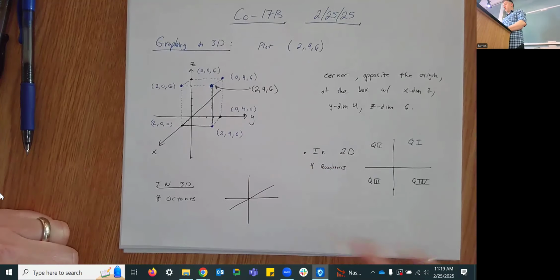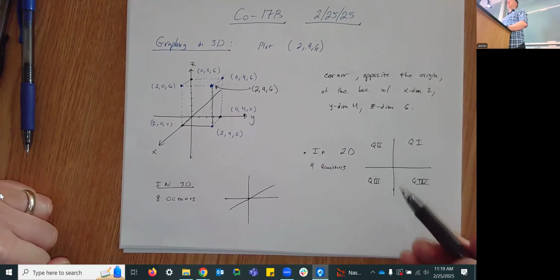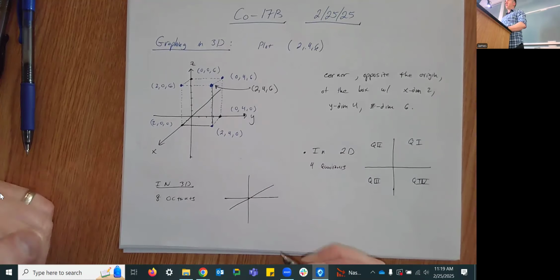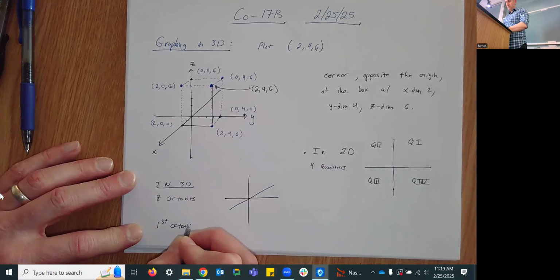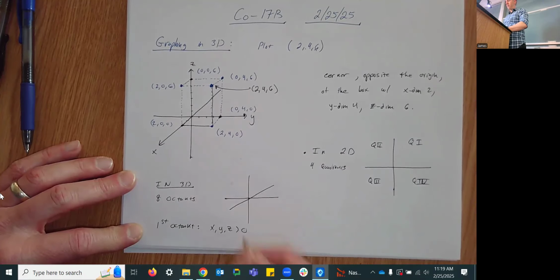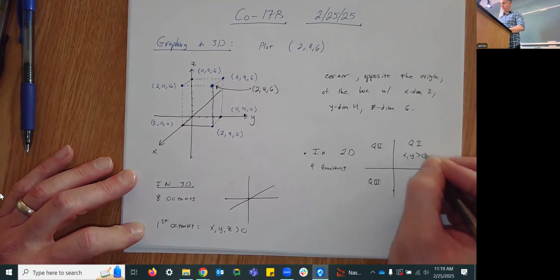So just like how in the 4 quadrants, the first quadrant is the one where all things are positive, the same is true for the octants. The first octant is the one where all things are positive. So the first octant is where X, Y, and Z are all positive. Just like the first quadrant, X and Y are both positive.